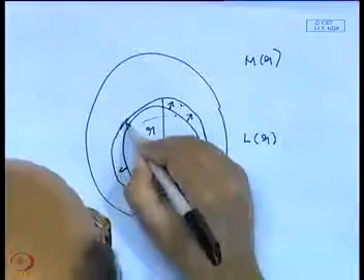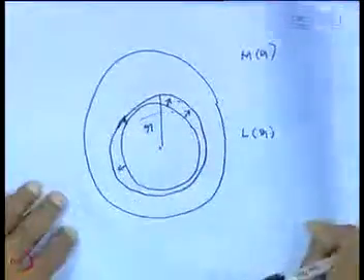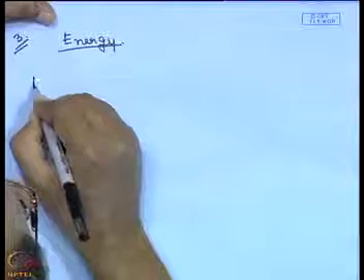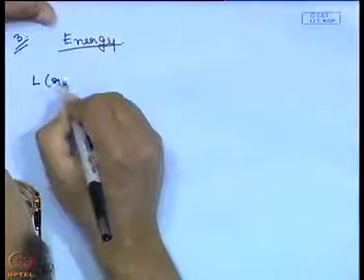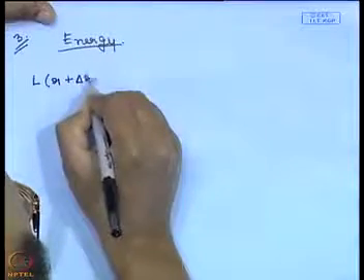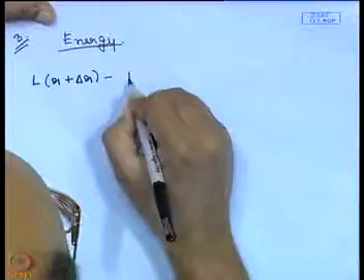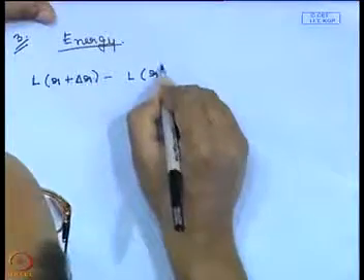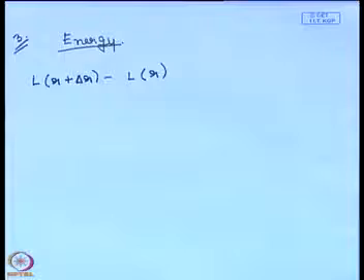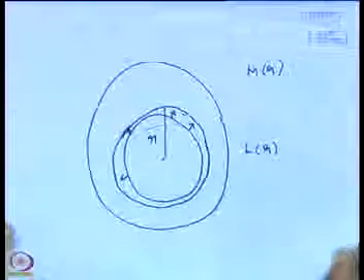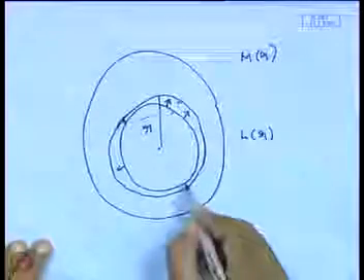So, the difference in the total radiation coming out from these two surfaces is the energy which is generated in this shell.